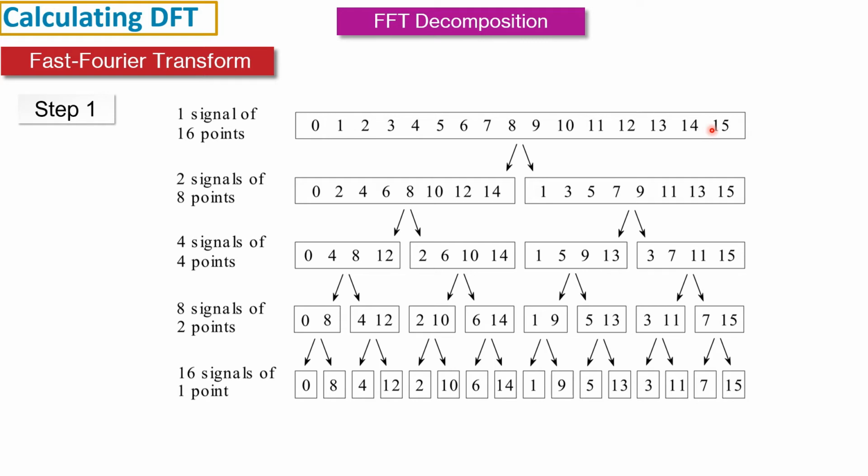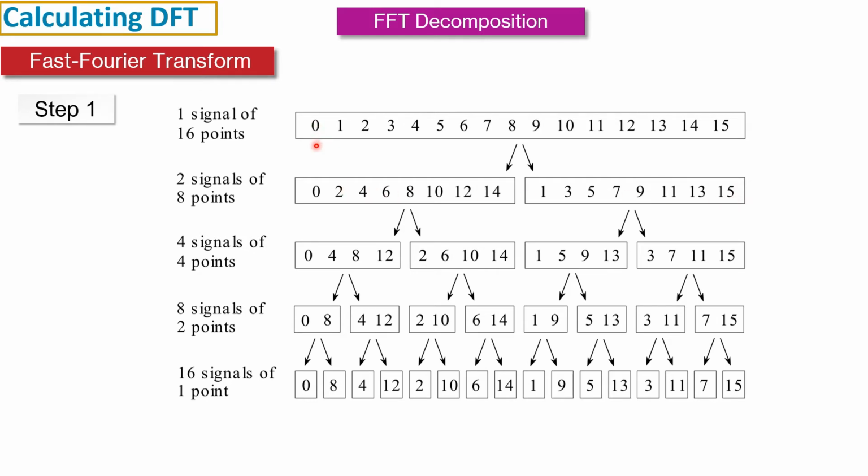How to decompose? It is very interesting here. We decompose first into two parts. At every step we decompose the existing signal into two parts. So one part contains even numbered samples, and the other part contains odd numbered samples.